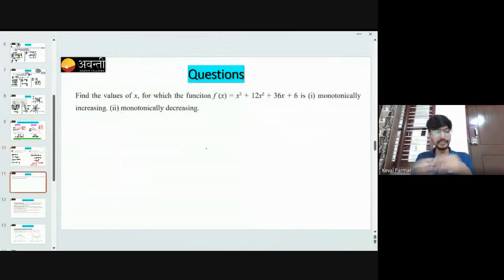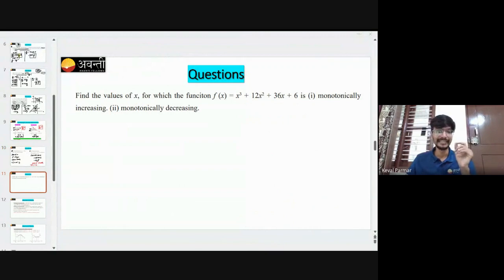One more type of questions is asked, that is these. Find the values of x for which the function increases and decreases. These are the main type of questions that are asked. So what we can do here, let's see. We have two cases to find the increasing as well as to find the decreasing.